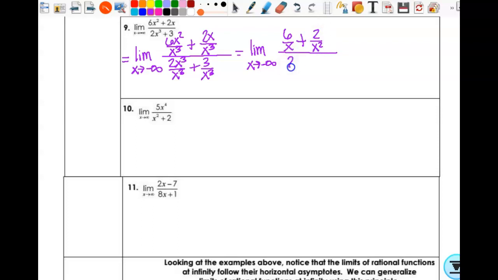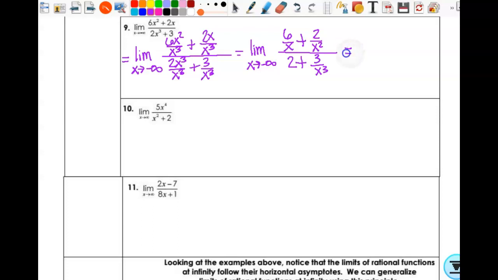Then in the denominator, I get 2 plus 3 over x cubed. Okay. Everybody okay with where everything came from? It looks really yucky, but it's not that bad. We have made it into something that we can actually use our rules from the front on, where the polynomial rules didn't work because we got infinity over infinity.